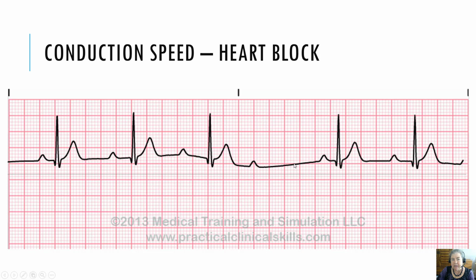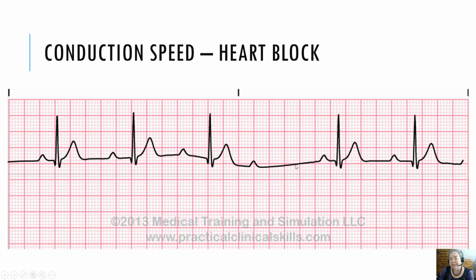This is a kind of heart block that's called Wenckebach, where the conduction of the atrial impulse to the ventricles is not working very well, and in fact at some points is not working at all.